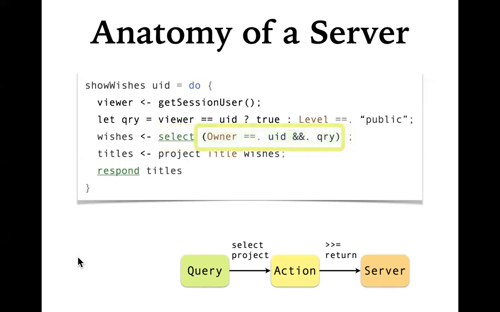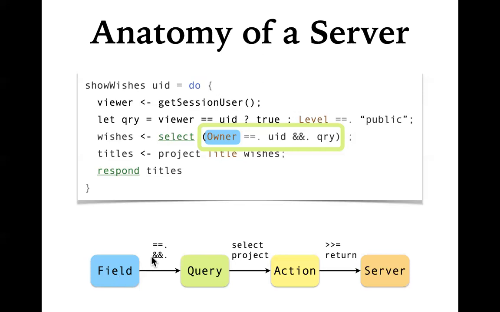And finally, if I zoom in on the queries themselves, the queries are themselves made up of subqueries which contain fields like owner or level and program values like UID and what have you, right? And of course, subqueries themselves like query, okay? So in a sense, my entire web application has these 4 different entities. There are fields.